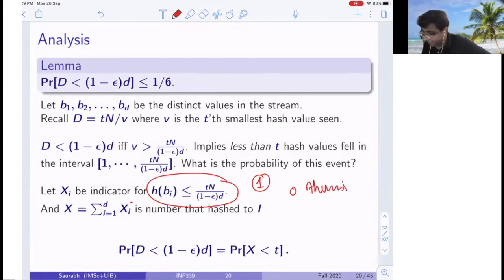If bi lies in this particular interval, then it is 1, 0 otherwise. Then x is the sum over i of xi. So the probability that d is less than 1 minus epsilon d is the same as the probability that x is less than t. It means in this range, fewer than t hash values have been mapped.